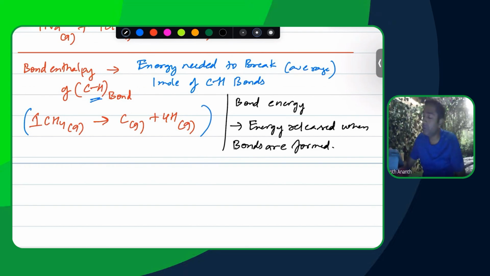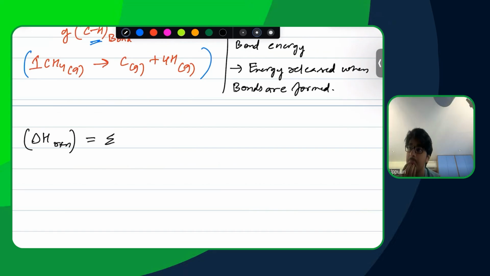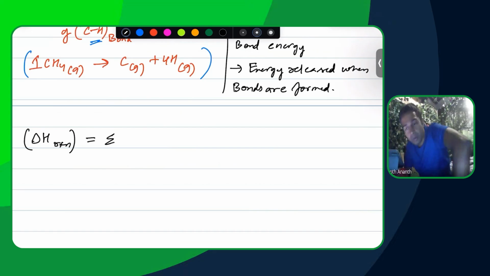Now, if I'm going to be looking at enthalpy of reaction, we have discussed this from the point of view of enthalpy of formation earlier and enthalpy of combustion earlier. Let's recap that part again. From the point of view of enthalpy of formation, how do you write it?